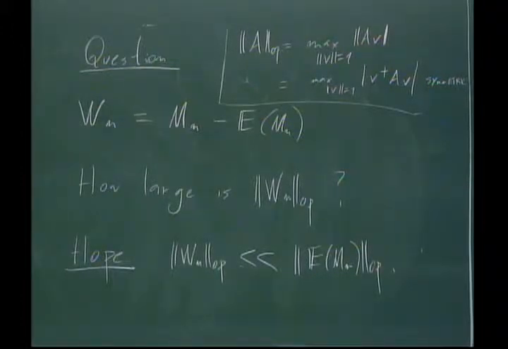So the second class of matrices we're going to consider, the first thing that should be said about them is that they don't have independent entries, so they're a different class. And for much of what we're going to do, they don't even need to have mean 0.